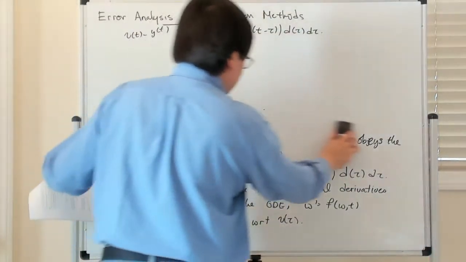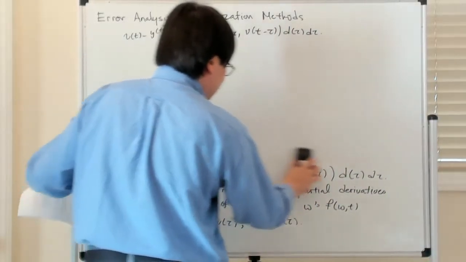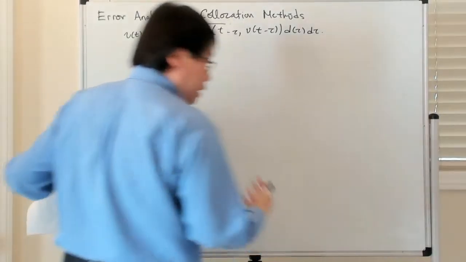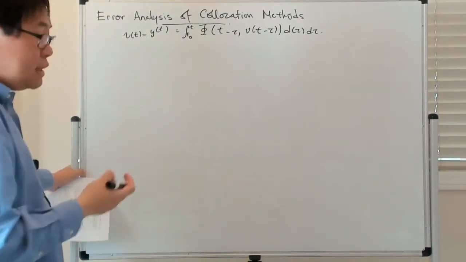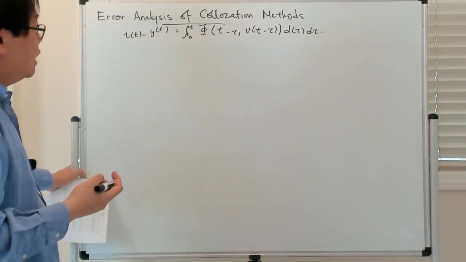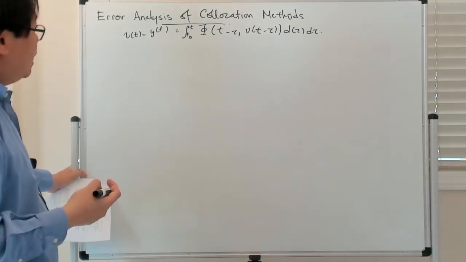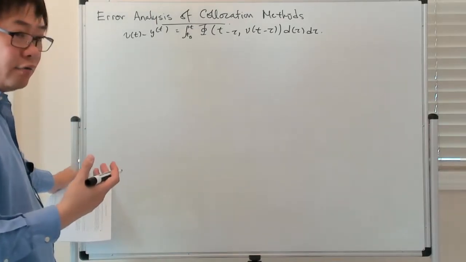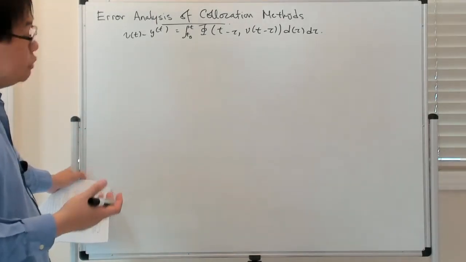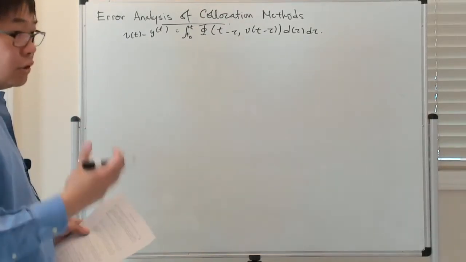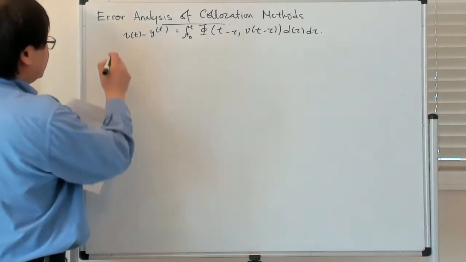It's about the order of accuracy of a collocation Runge-Kutta method based on certain properties of the collocation points. You'll see that those properties are related to the properties you have seen in the order of accuracy of Gauss quadrature rules, and it involves certain orthogonal polynomial properties.